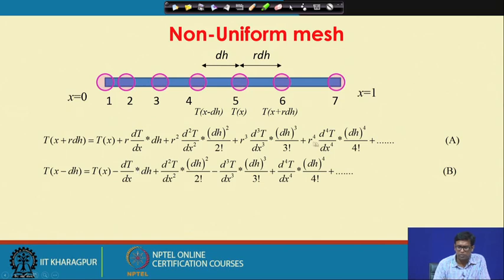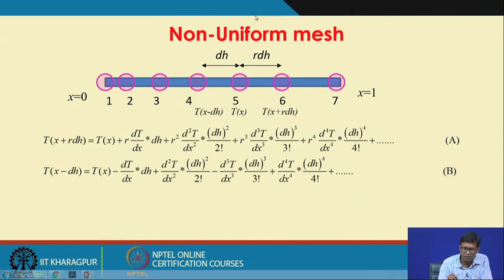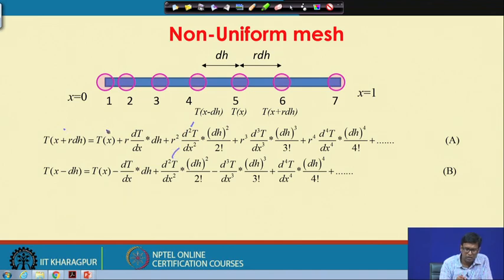So, Taylor series for point 6 and point 4 can be written, and now we have to eliminate the dT/dx term, because we want the expression for d2T/dx square in terms of T5, T6 and T4.